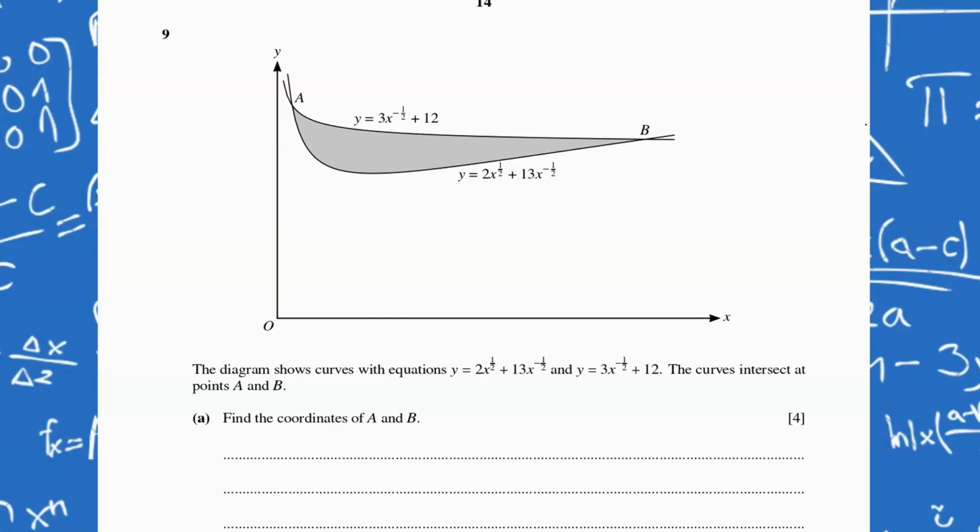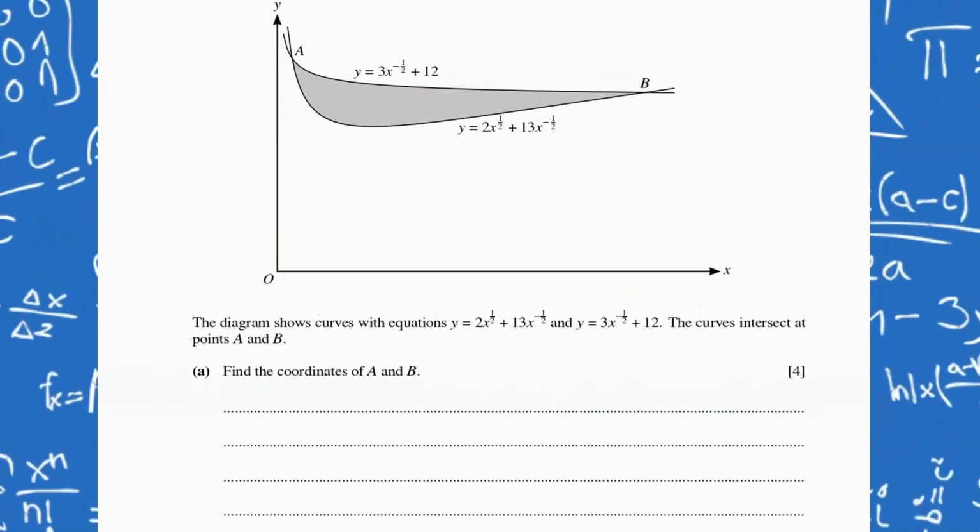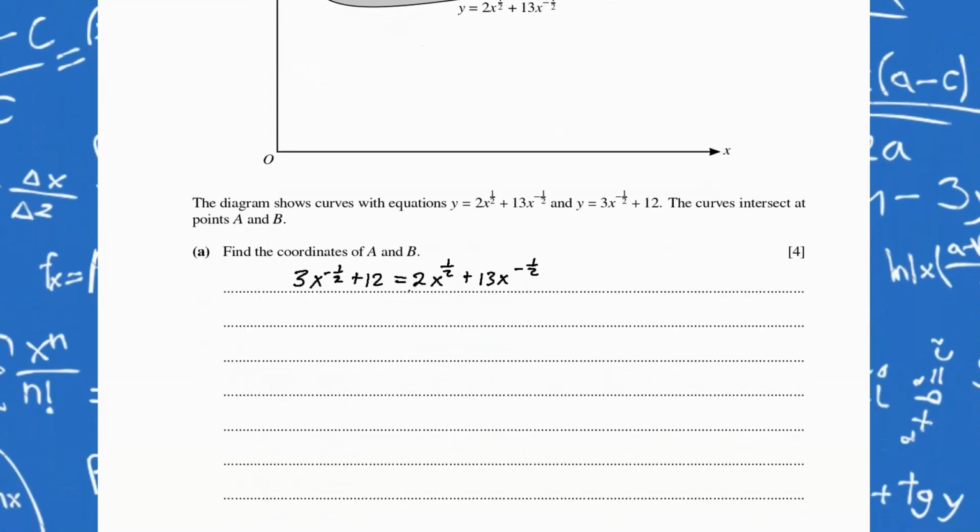So basically we have two curves intersecting, and we can solve them simultaneously by equating them in this case. So we're saying that 3x^(−1/2) + 12 is equal to 2x^(1/2) + 13x^(−1/2). That's the equation we have, and let's try to simplify it.